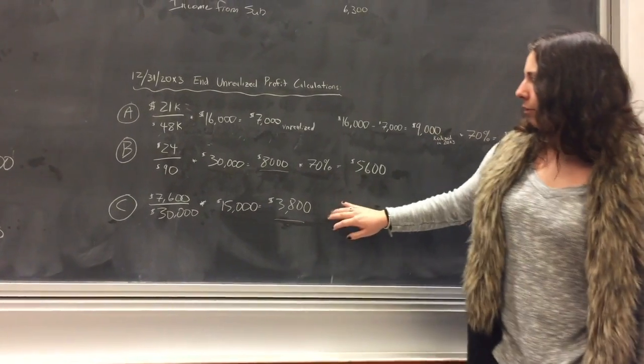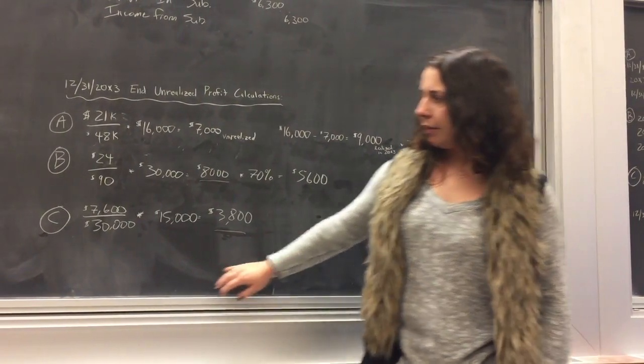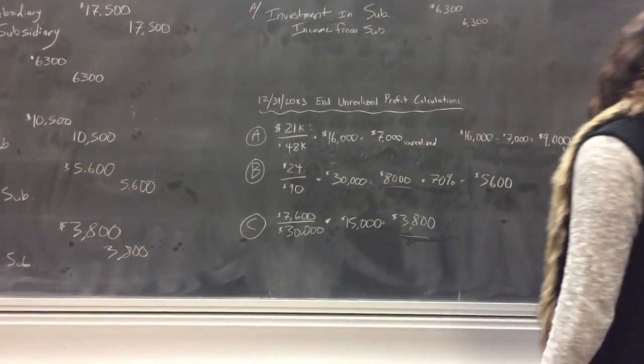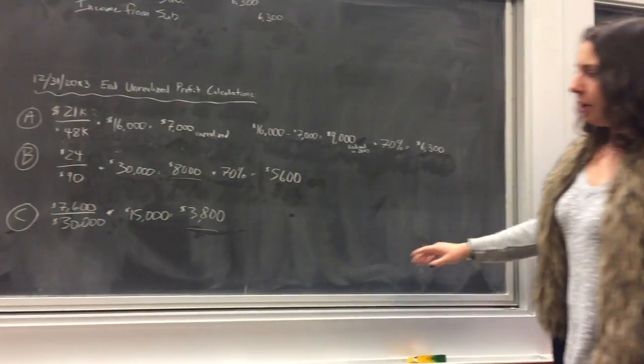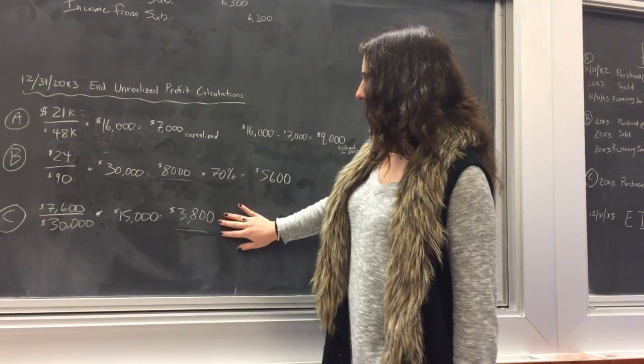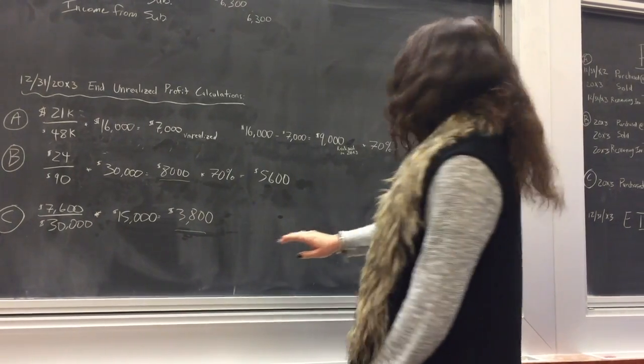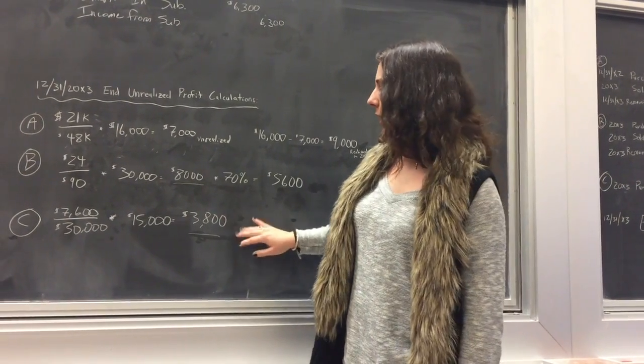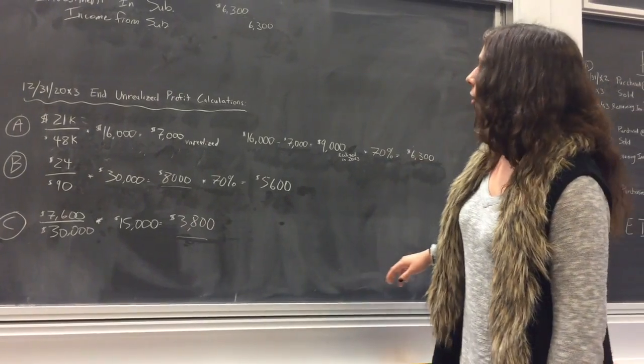We recognize the full amount in this entry because it is a downstream purchase, so any profits from this would just be Pine's, and the non-controlling interest doesn't have anything to do with that.